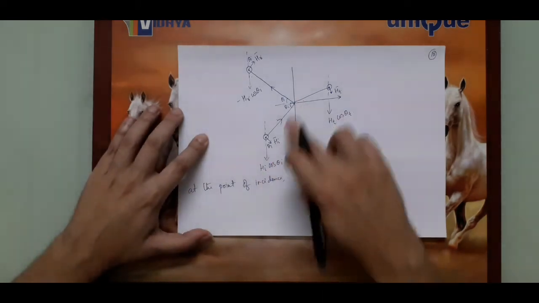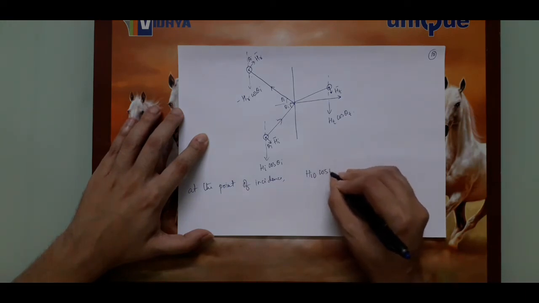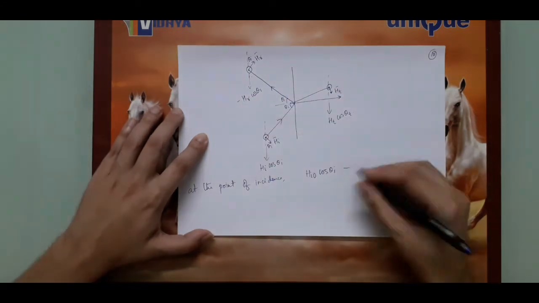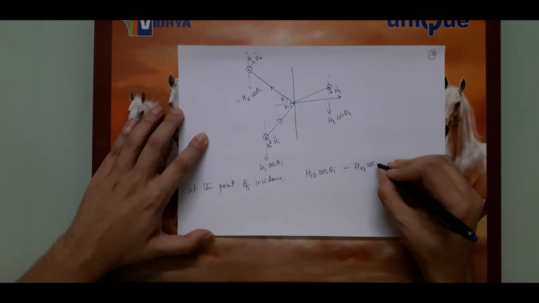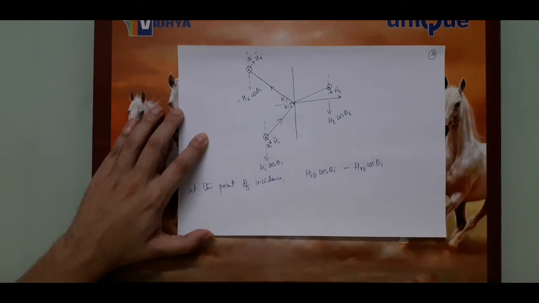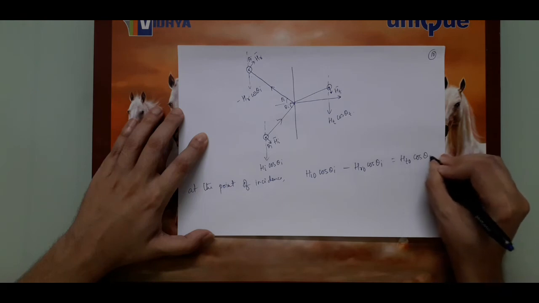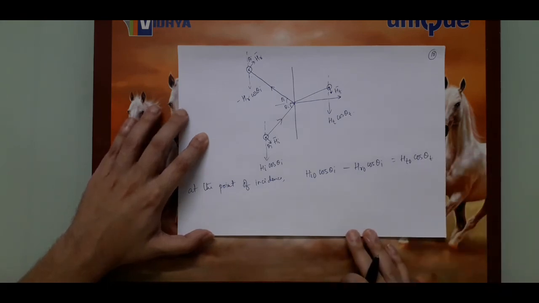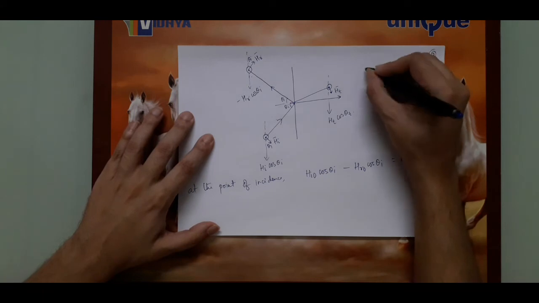So Hi at the boundary will become Hi0. So that is Hi0 cos theta I minus Hr0 cos theta I will be equal to Ht0 cos theta t. This is the equation for the boundary condition for the tangential component of the H field.